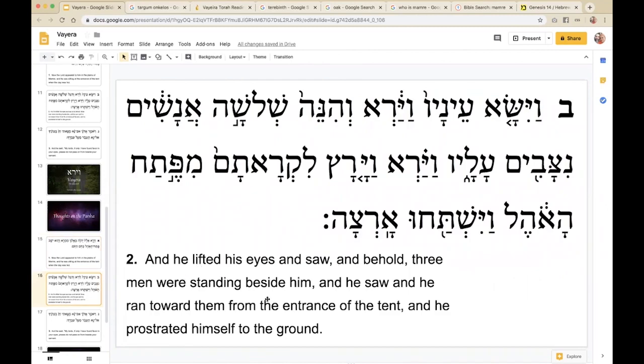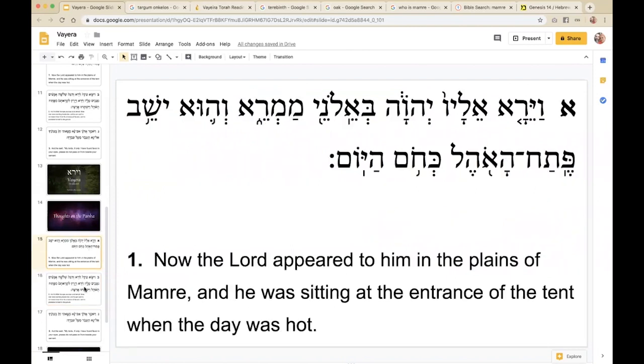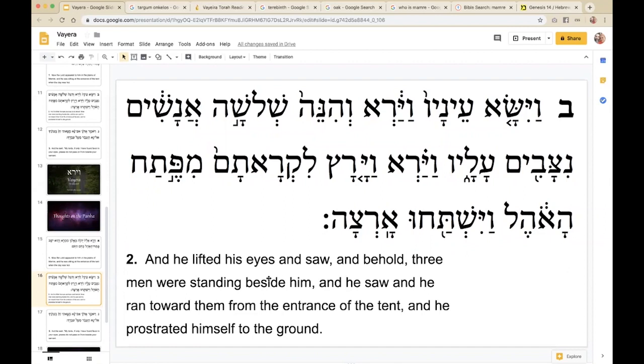And so some Jewish commentators say, and I think Rashi says this. I don't remember where I got this from, but my Hebrew teacher also talks about this. Okay, so he says that here, Hashem appears to Abraham, and then all of a sudden, 3 men came to him.